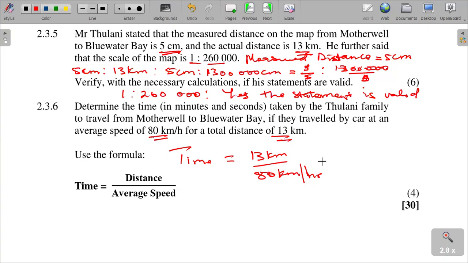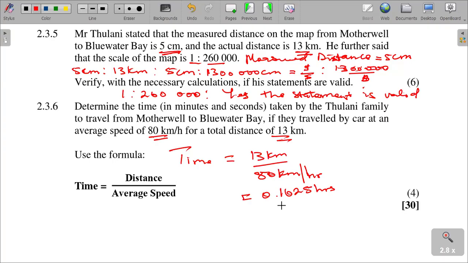And then when we put it through, we can get that this is equals to 0.1625 hours.